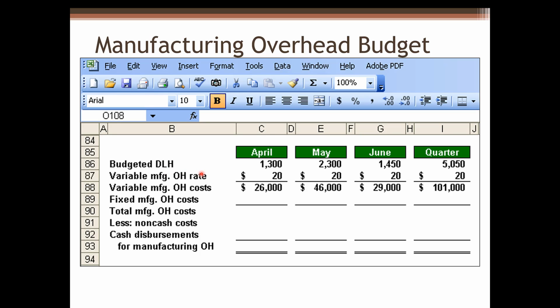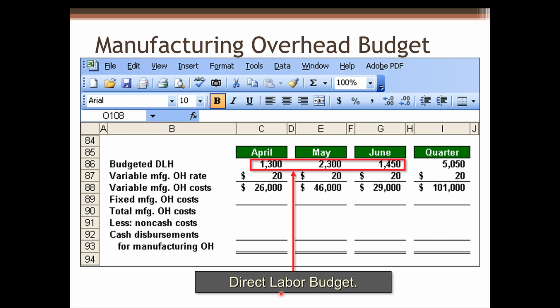Manufacturing overhead for this company includes a variable portion and a fixed portion. MO allocation base is direct labor hours. So to get the total variable MO costs, we can use budgeted direct labor hours multiplied by the variable MO rate. From the direct labor budget, we can get budgeted direct labor hours for each month. Please note, these are required direct labor hours to produce products to meet production requirements.